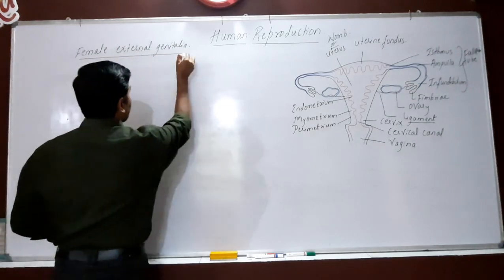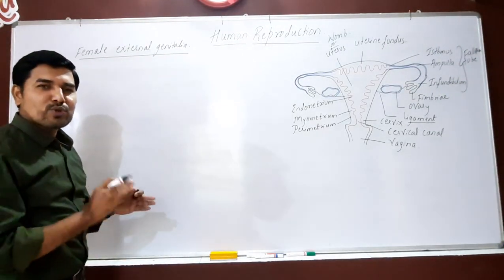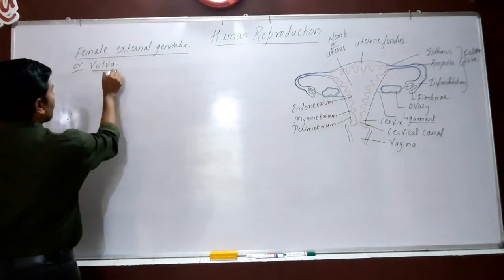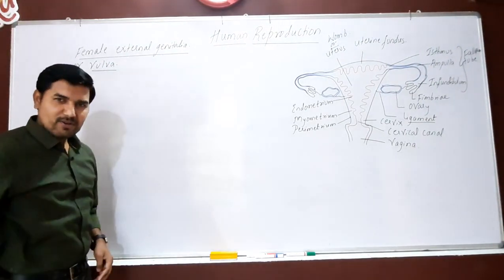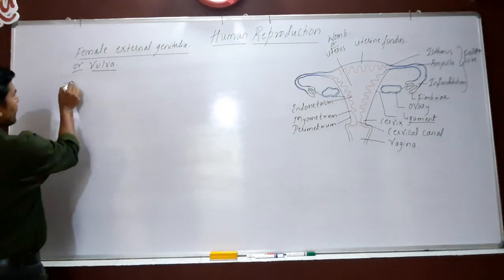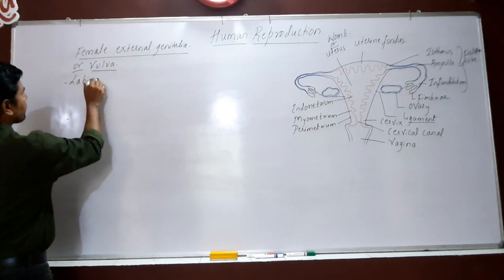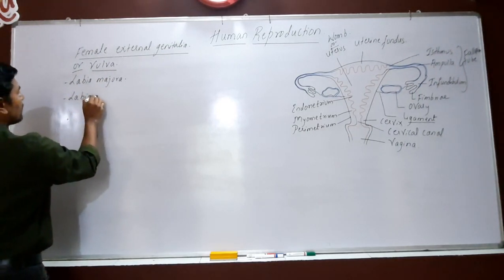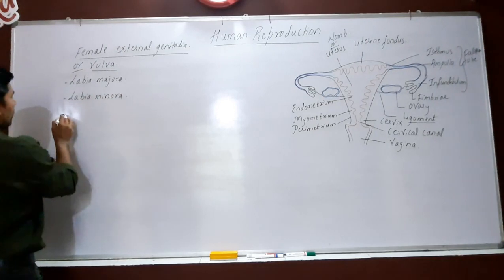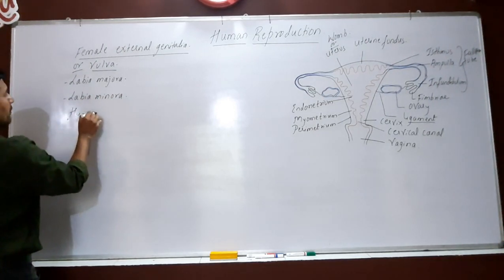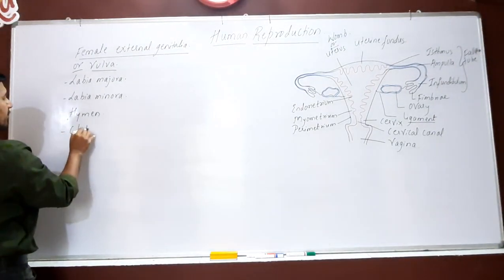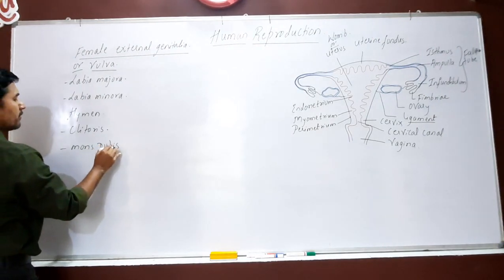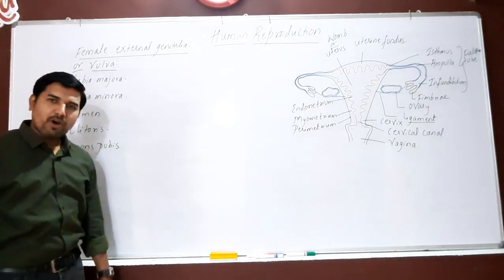As already discussed, this female external genitalia is also called the vulva. Then what are the parts of it? It includes labia majora, labia minora, then hymen, clitoris, mons pubis, along with the vaginal orifice.